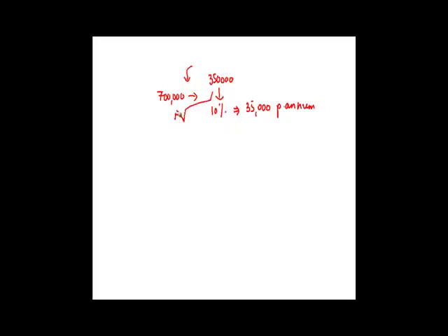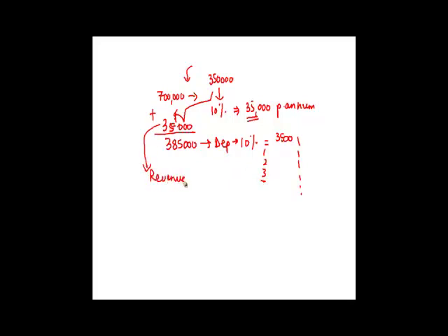Now, if this interest is added to the cost of this machinery, 3,50,000 plus 35,000, 3,85,000, I will get depreciation on this. So on this 35,000, whatever is the rate, let's say the rate is 10%, I will get 3,500 as depreciation over a period of time, year 1, 2, 3. Whereas if this interest is construed to be of revenue nature, then the entire interest will be allowed as a deduction in year 1.